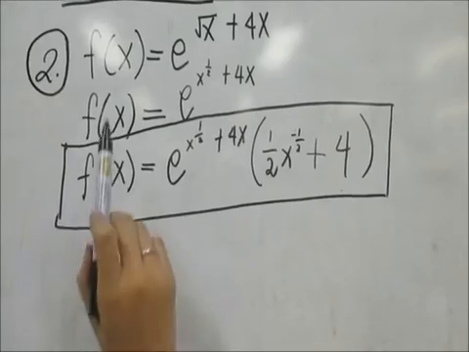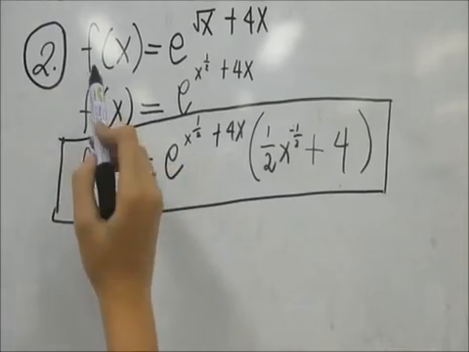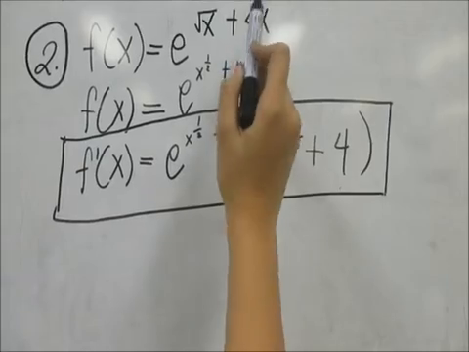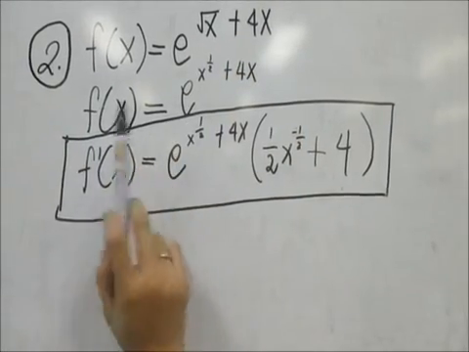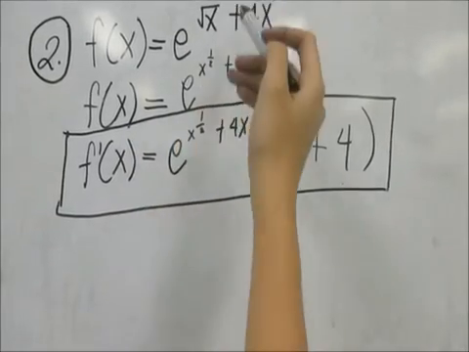For our second equation, we have f(x) = e^(square root of x + 4x). We can rewrite the equation as f(x) = e^(x^(1/2) + 4x).